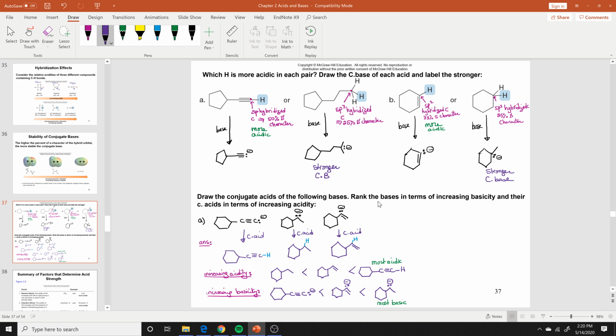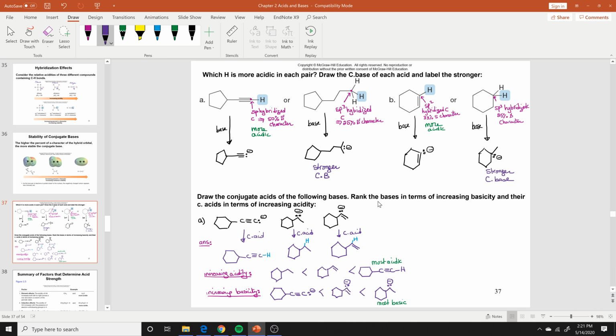So this is why I said this is a stronger base. Stronger base, weak acid. Strong acid, weaker conjugate base. Between an sp2 hybridized carbon connected to a hydrogen and an sp3 hybridized carbon connected to a hydrogen, of course the sp2 is going to be more acidic because its conjugate base is more stable in that case.